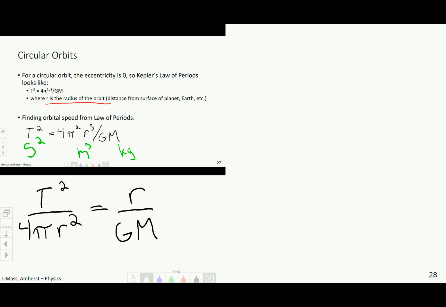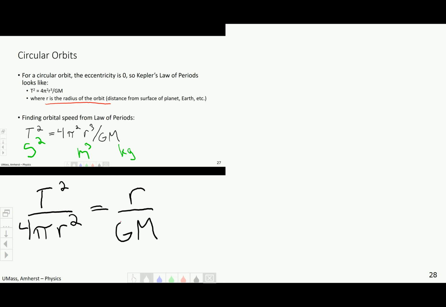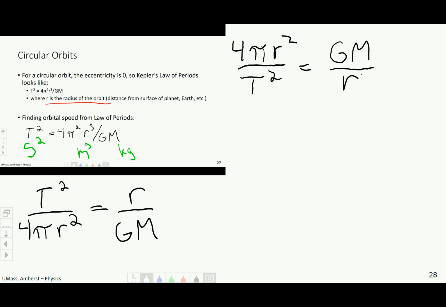Well, what do we have? Now we're going to compare units. Now we have seconds squared over meters squared, and then we have meters over a whole bunch of gobbledygook that we don't necessarily care about. But look what we have over here. We have seconds squared over meters squared. Looks good. Let's flip it so we might be able to get meters per second. So we flip it around, we get 4 pi squared r squared over T squared equals GM over r.